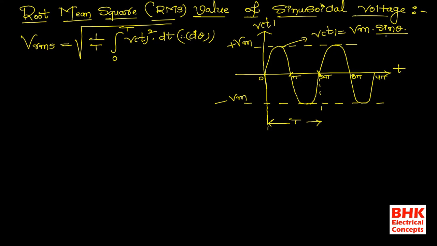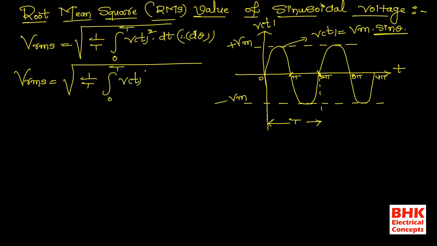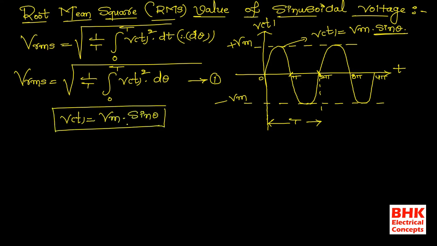Now anyway we are using sine theta, so that is the reason why I am simply using 1 divided by T integral 0 to T V of t square into d theta. Assume this is equation number 1. Now we know that V of t is equal to Vm sine theta, and T represents the time period.